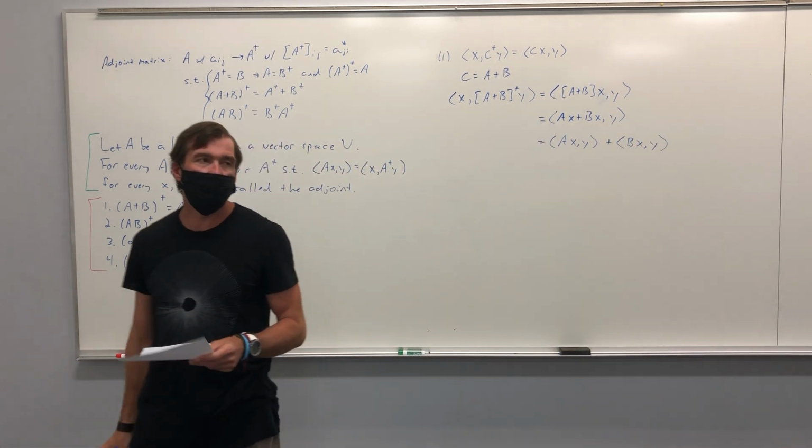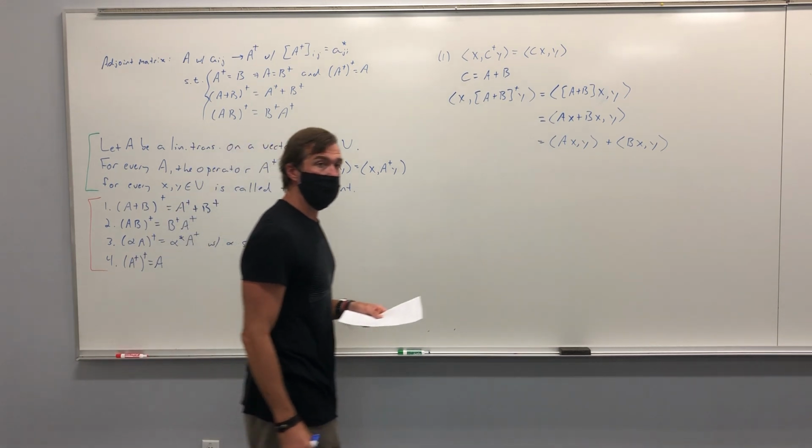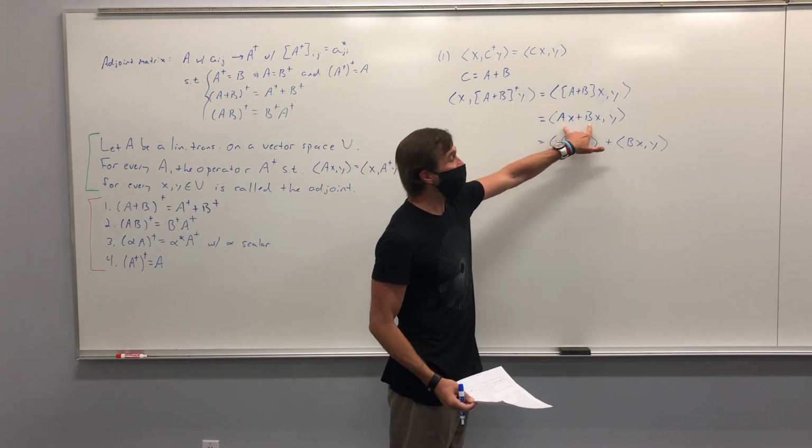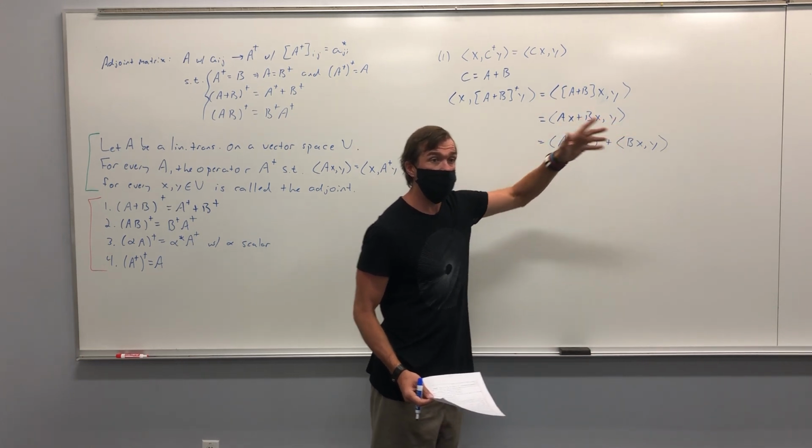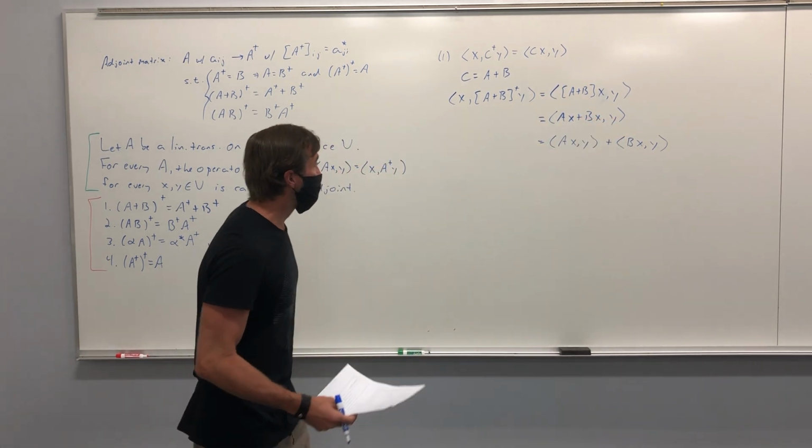This is based on the linearity of the inner product. If I'm taking the inner product of the sum of two things with a third thing, then this is just the inner product of the first with the third plus the second with the third.